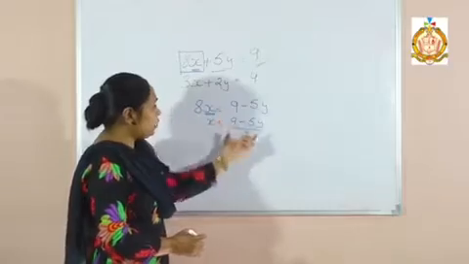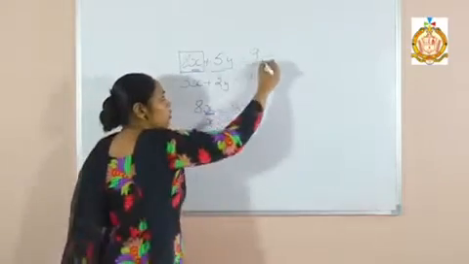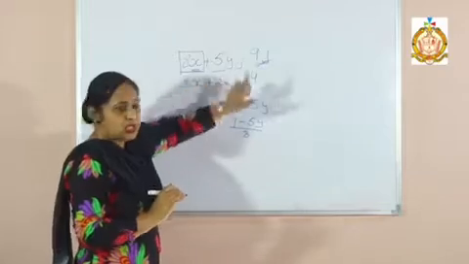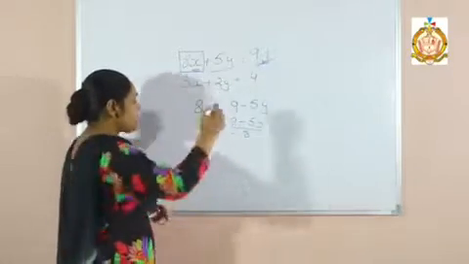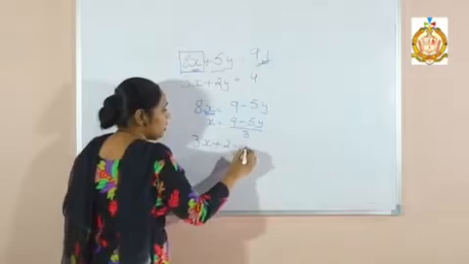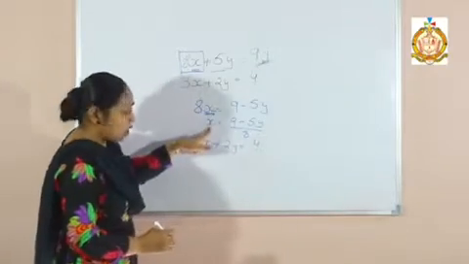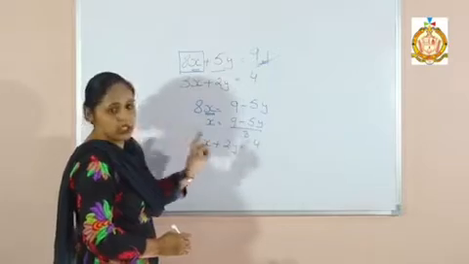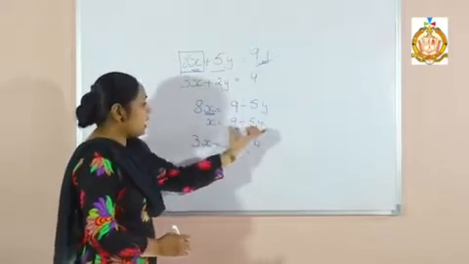Now what to do? We have to take the substitution. The first statement I already used, so let it be. Now I will take the second one. The second statement is 3x plus 2y equals to 4. Now the value of x I already found, that is 9 minus 5y upon 8. At the place of x, I will write its value.